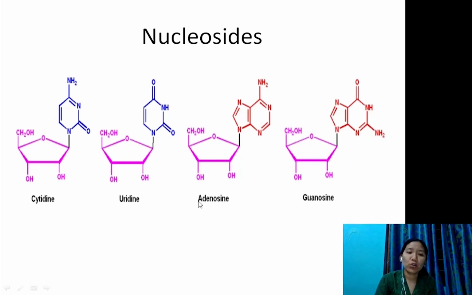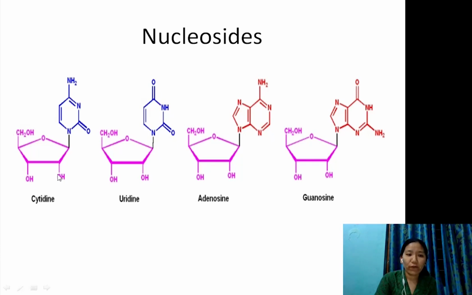Okay, so when a nitrogenous base is linked with a sugar, the sugar can be ribose or deoxyribose, and what we get is a nucleoside. Now let us have a look at the nitrogen base here and the sugar here, a ribose sugar.